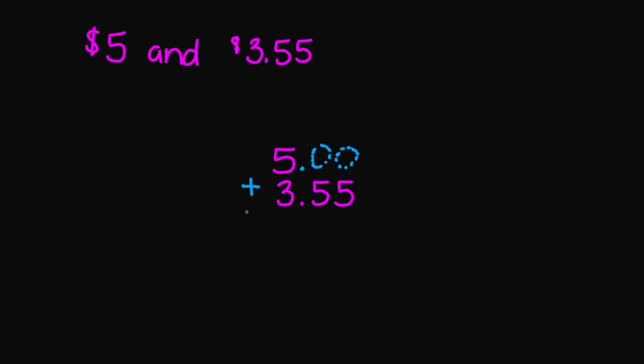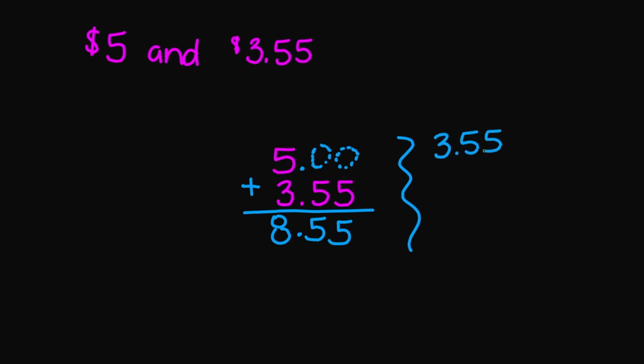Now I'm going to add. So 0 plus 5 is 5. 0 plus 5 again is 5. Then you bring your decimal. Decimal plus decimal is decimal. And then you have your 5 plus 3. That's going to give you 8. So your final answer is $8.55.